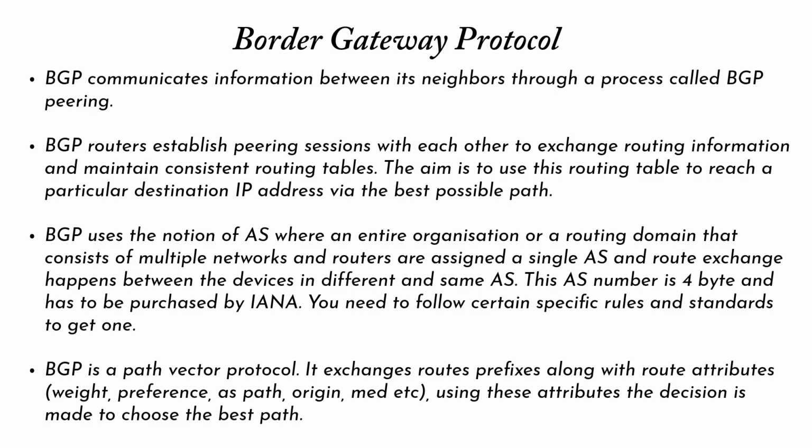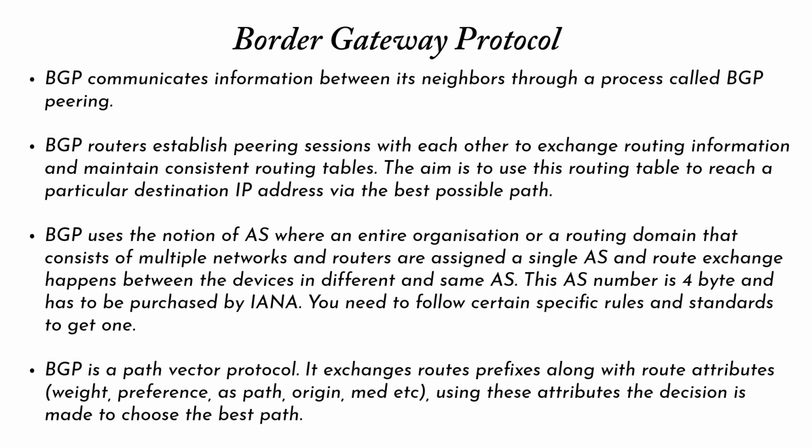The ISPs purchase this. So let's say a Facebook data center will purchase an AS number and use that AS number to form a peering with another AS. Say the ISP has AS 200, and all the routes will be exchanged between these two ASs via BGP peering, which we'll see in an example later.